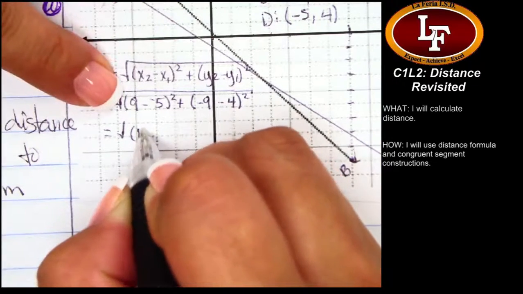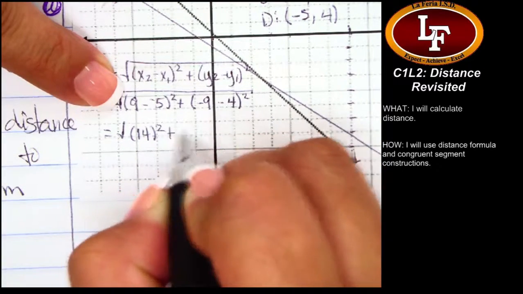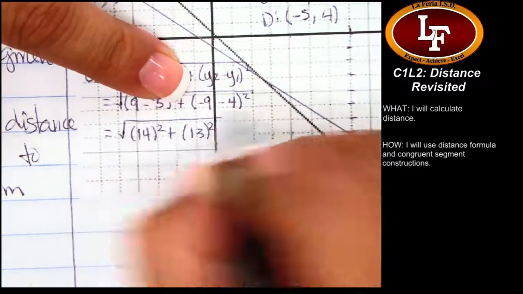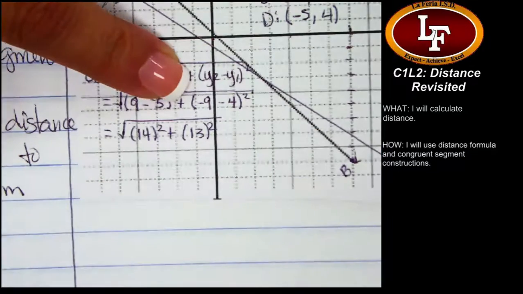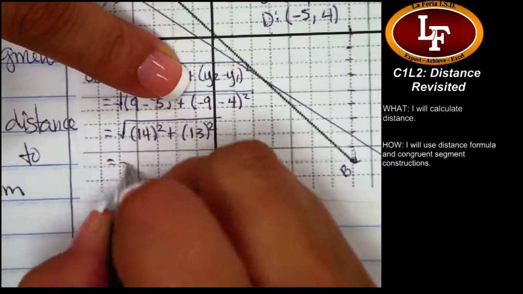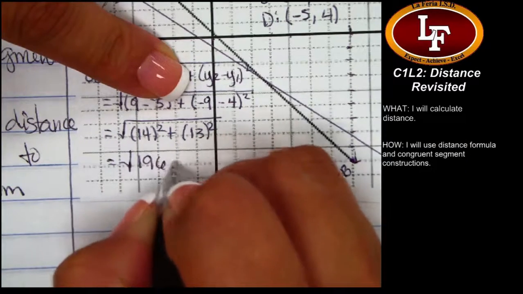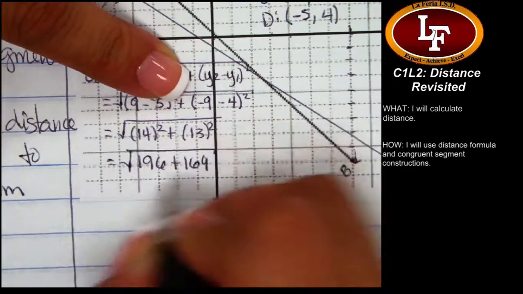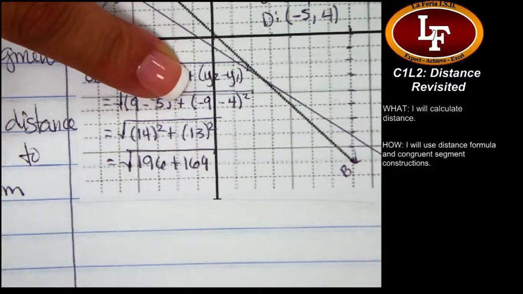Okay, that's 14. This is 13. 14 squared is 196. I used a calculator for that. I'm not that smart. And 13 squared is 169.